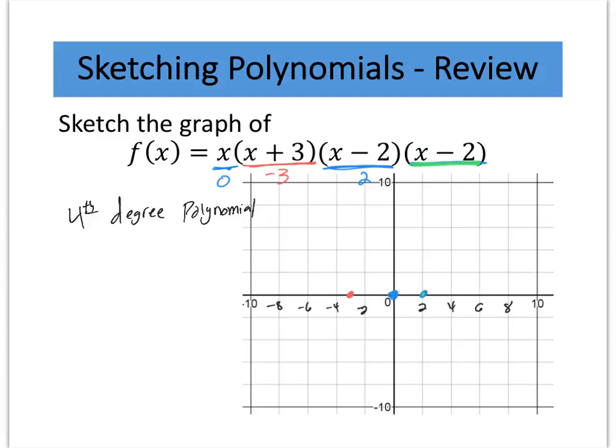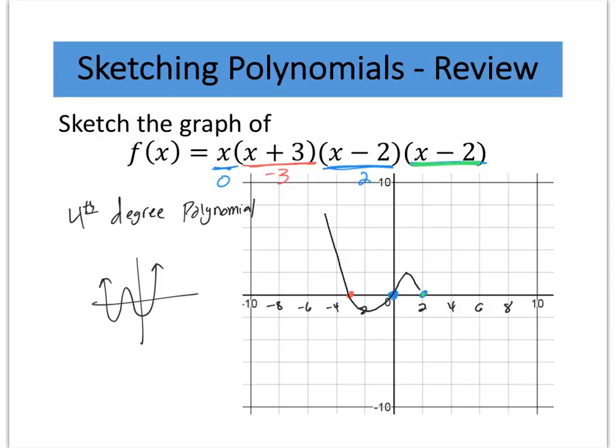And it's going to have that sort of 4th degree shape to it. So it's going to kind of look like this, but notice that it's only going to cross the x-axis 1, 2, 3 times, which means this one got moved up. So let's take a look at what that looks like. If I'm graphing this polynomial, I start up, I go down through the root, comes back up through the other root.